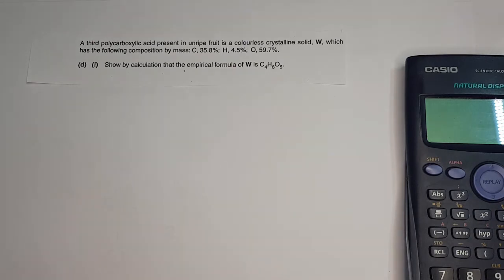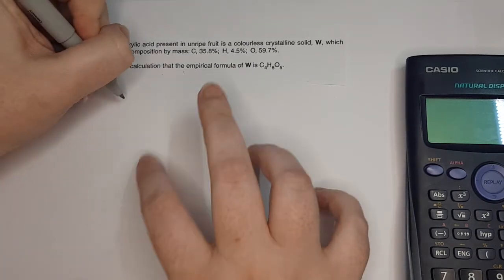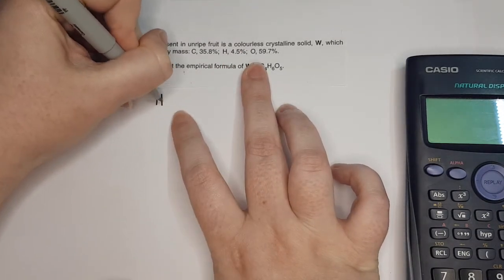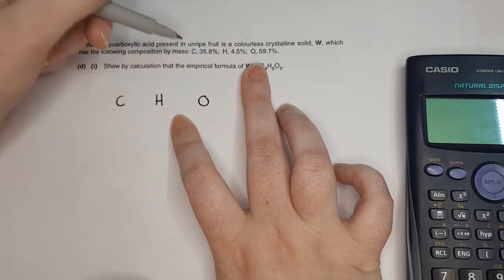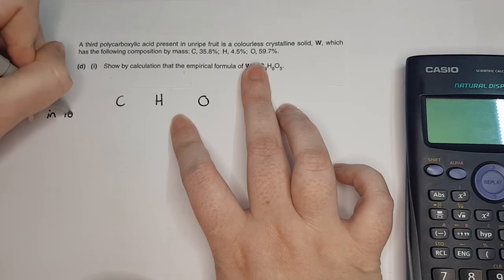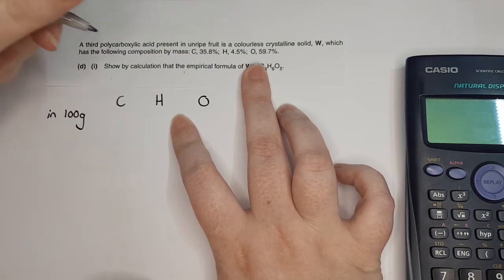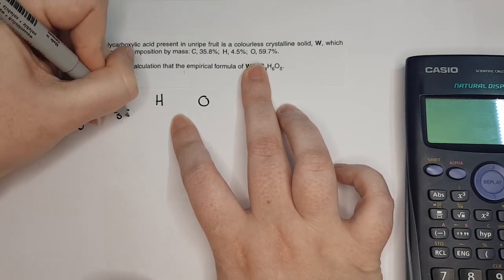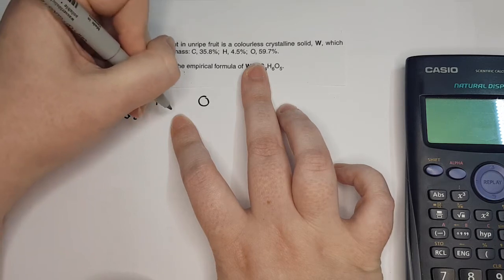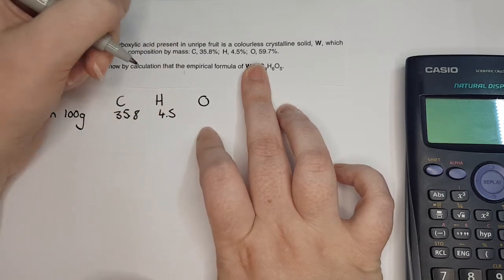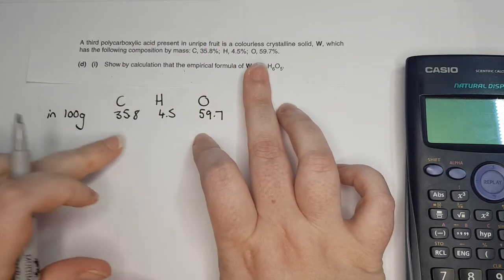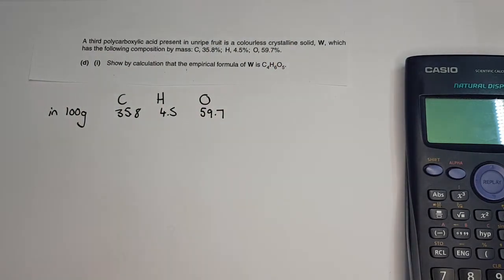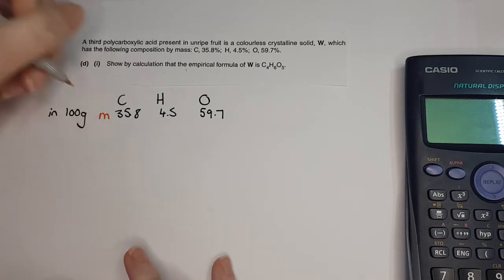So I'm going to do exactly what I've been doing before. So I say I've got carbon, I've got hydrogen, and I've got oxygen. I've got percentages. So in 100 grams, it means I have got 35.8 grams, I've got 4.5 grams, and I've got 59.7 grams. So remember, that is the same as saying mass.